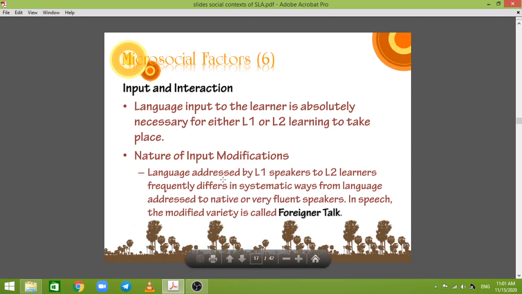Language addressed by an L1 speaker to an L2 learner frequently differs in a systematic way from language addressed to a native or very fluent speaker. In speech, the modified variety we can call foreigner talk, everyone.